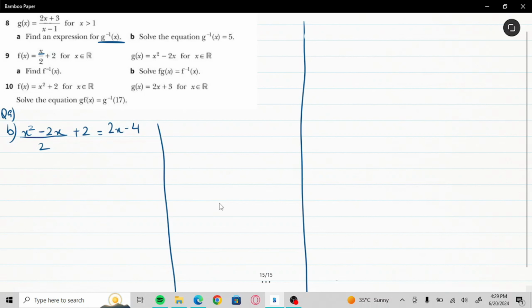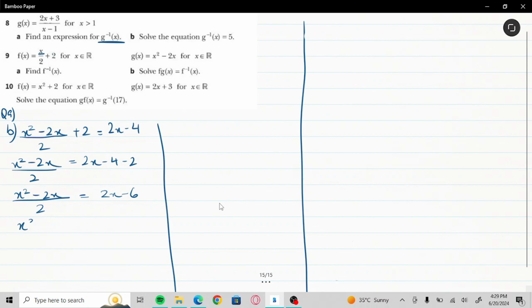Okay, so what we do is simple. x squared minus 2x, we just have to simplify this right now. It is equal to 2x minus 4 minus 2. x squared minus 2x divided by 2 is equal to 2x minus 6.